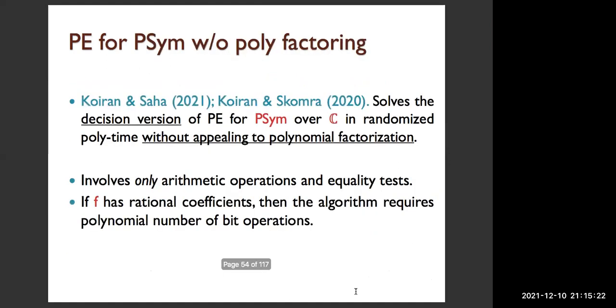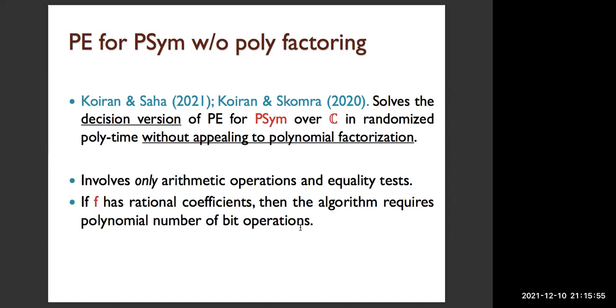All right. So I must mention one result in this context before we go back to our mainstream, which is a result that can solve the decision version of polynomial equivalence for the power symmetric polynomials without doing polynomial factorization, and they can do it over complex numbers. One appealing feature of this algorithm is that it involves only arithmetic operations like addition, multiplication, and equality tests.